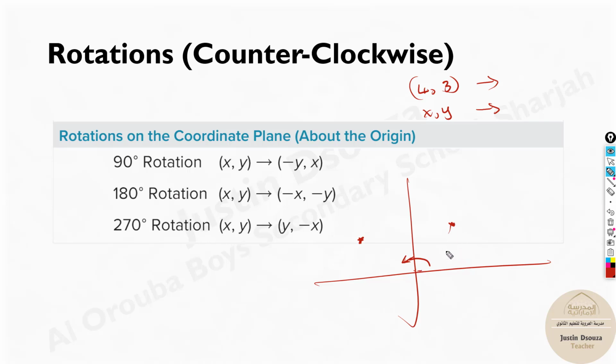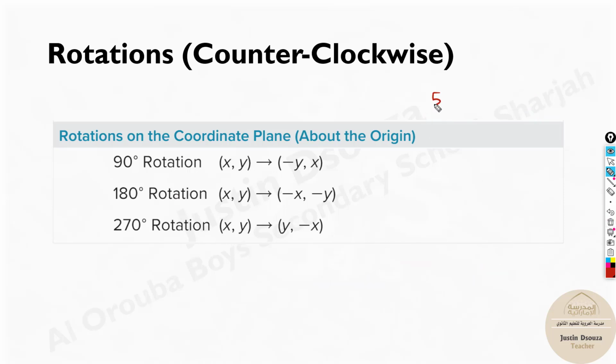Now this is 4, 3. It's not exactly 4, 3, but just imagine it's 4, 3. So it is going to be, sorry, not x, it is minus y comma x. That means whatever the y is over here will come over here and become minus, and the x will come here. So is it here? Yes, it's minus 3, and the value will be 4. That's how we can get it.